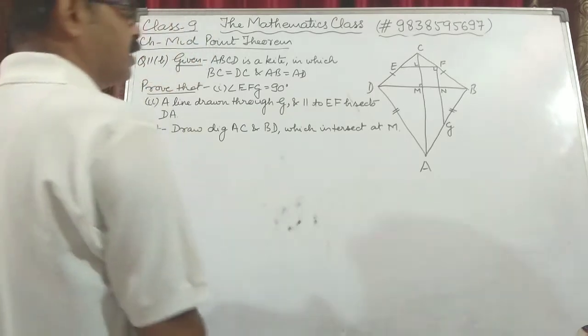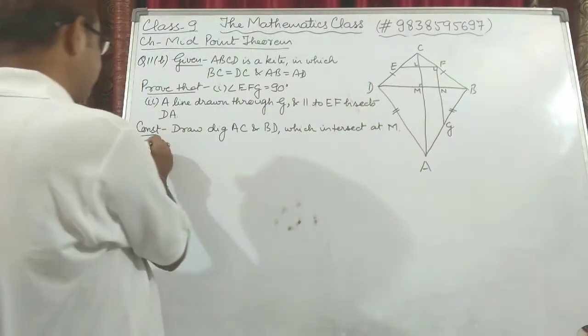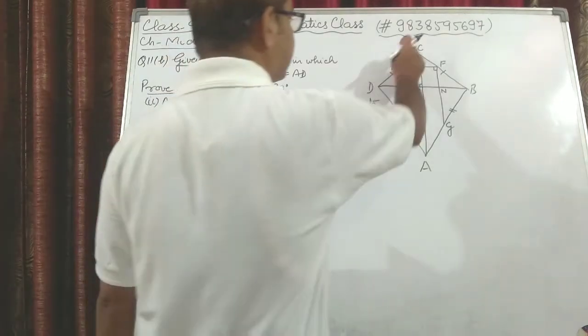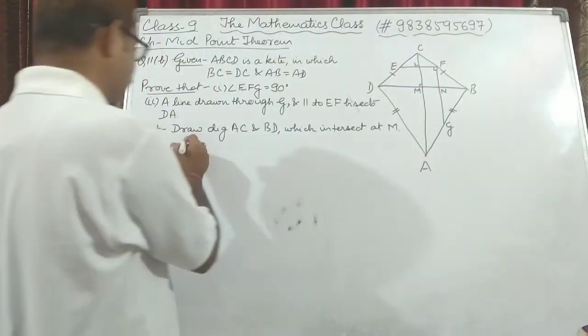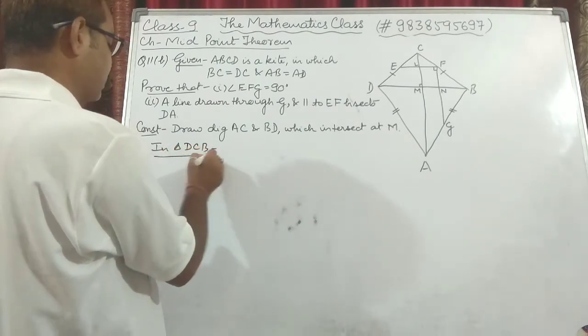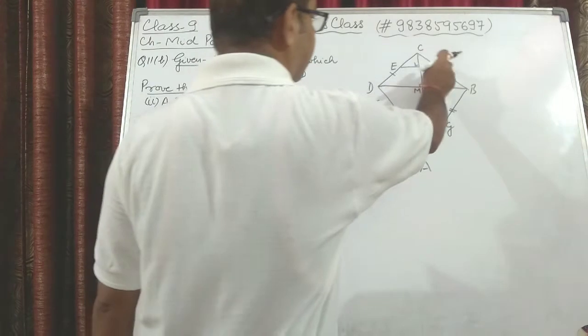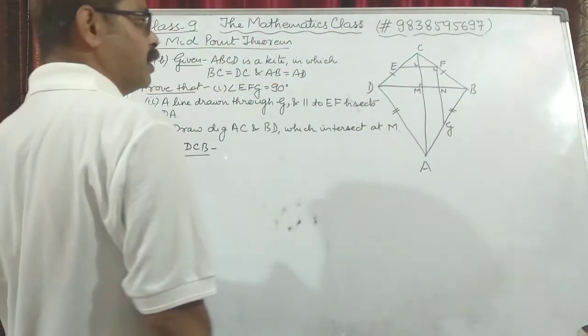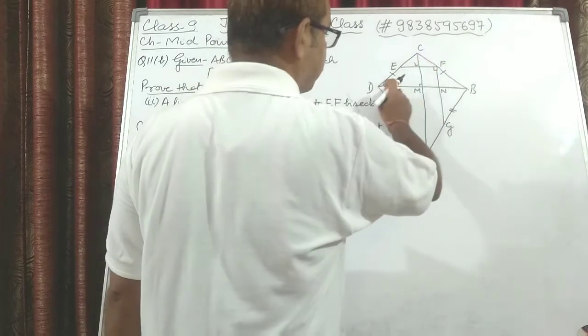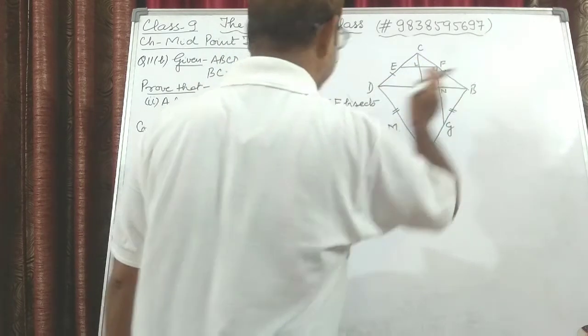Now in triangle DCB, what we can see, E and F are the midpoints. So according to midpoint theorem, EF will be parallel to DB and half of DB.